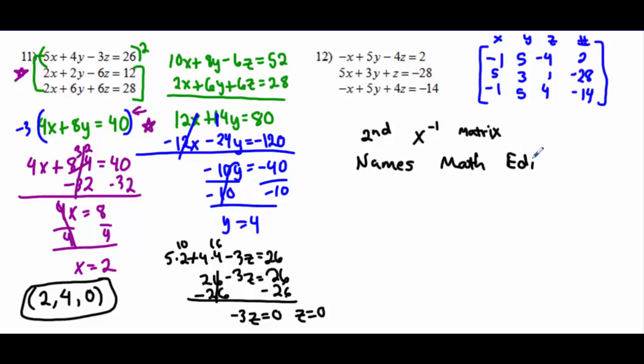And so what we need to do is go over to edit and pick to edit matrix A. And when you do that, you want to start off by, at the top, changing the dimensions to 3 by 4. The dimensions are rows by columns, and so there are 3 rows and 4 columns. So you want to make it a 3 by 4 matrix and then type all these numbers in.